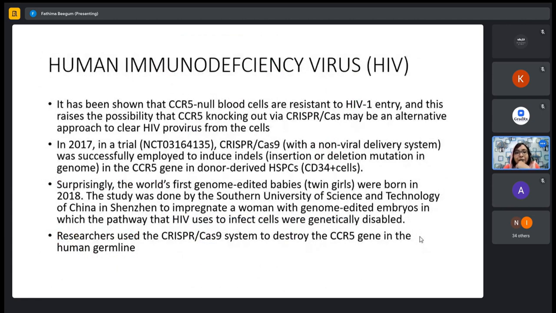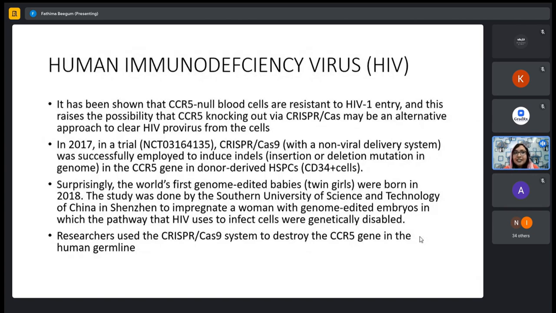Next one is HIV. An interesting study is there actually. The first study was in HIV, and the interesting part is about the embryo. The main problem for children born with AIDS is that they get it from their parents. So a genetically engineered embryo was made by a scientist in China, and the result was published.